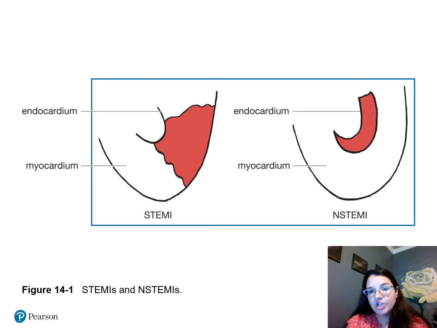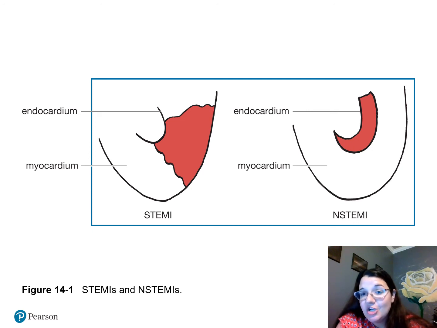So this is what it would look like if we were just looking specifically at your heart tissue. You'll notice you see the endocardium there on the inside, and then you have your myocardium. That first image, the STEMI, shows full thickness. The full thickness of that myocardium is damaged and is a STEMI. On the image on the right, you see your non-STEMI.